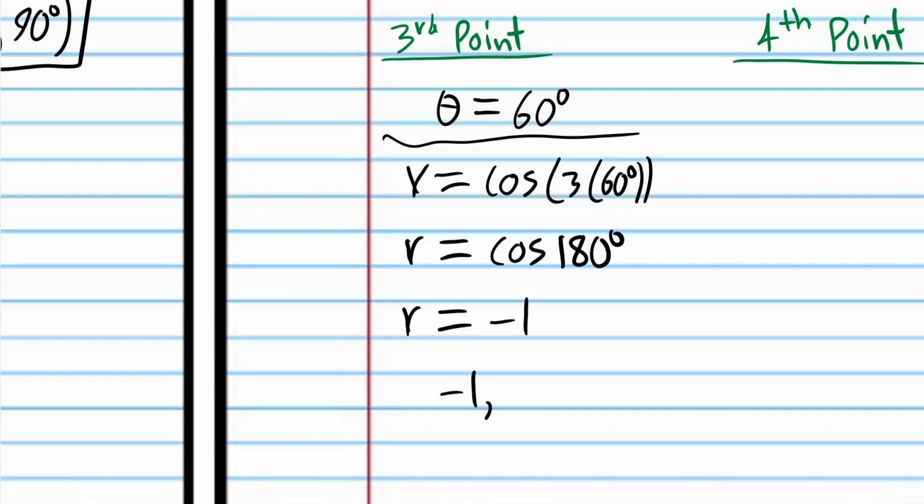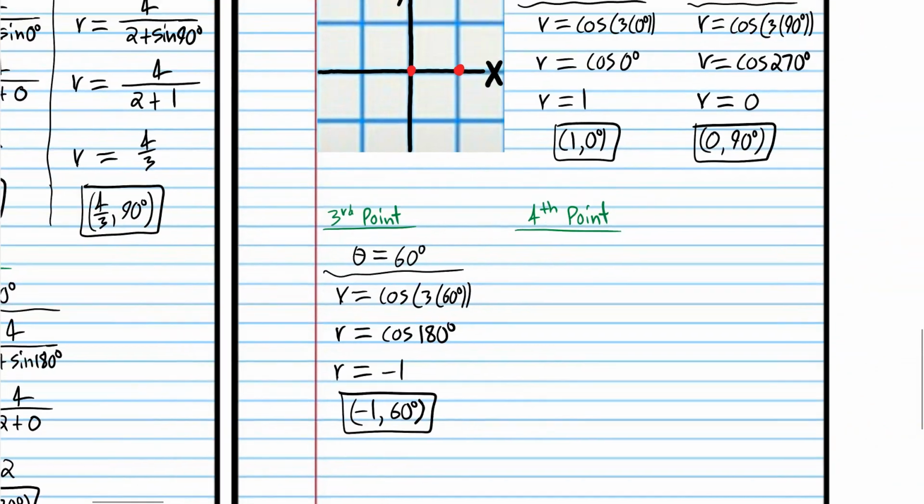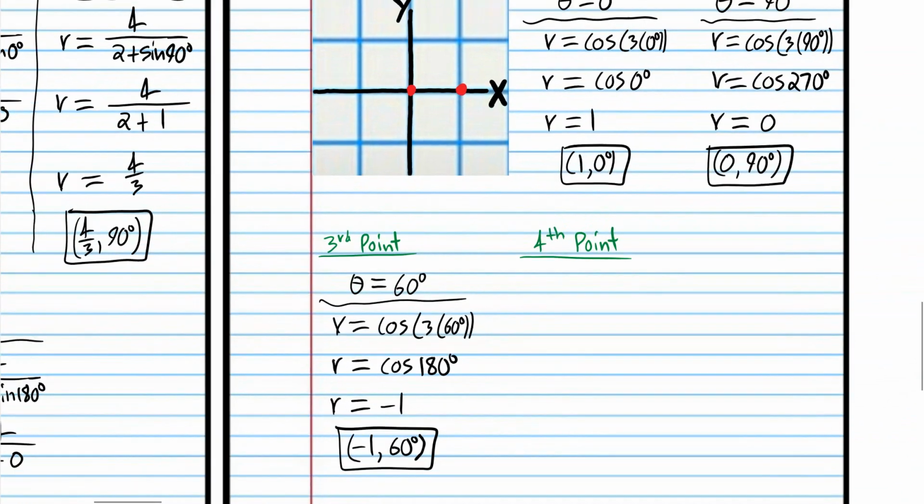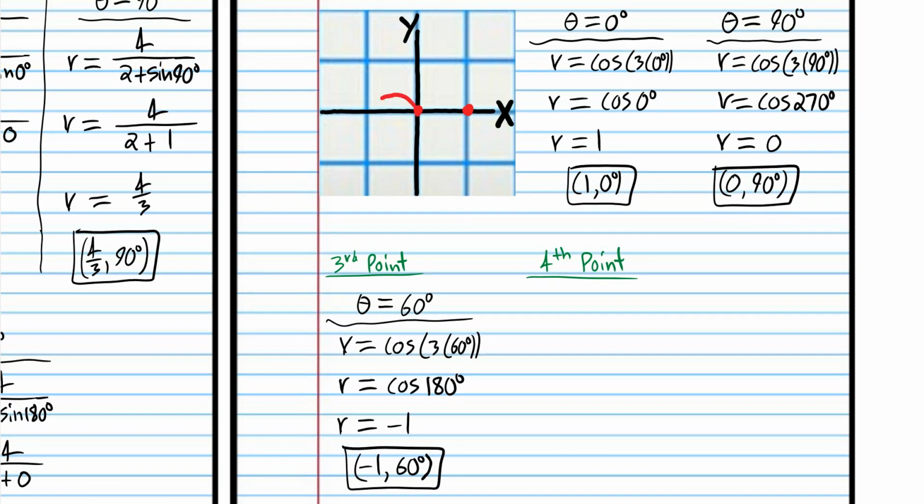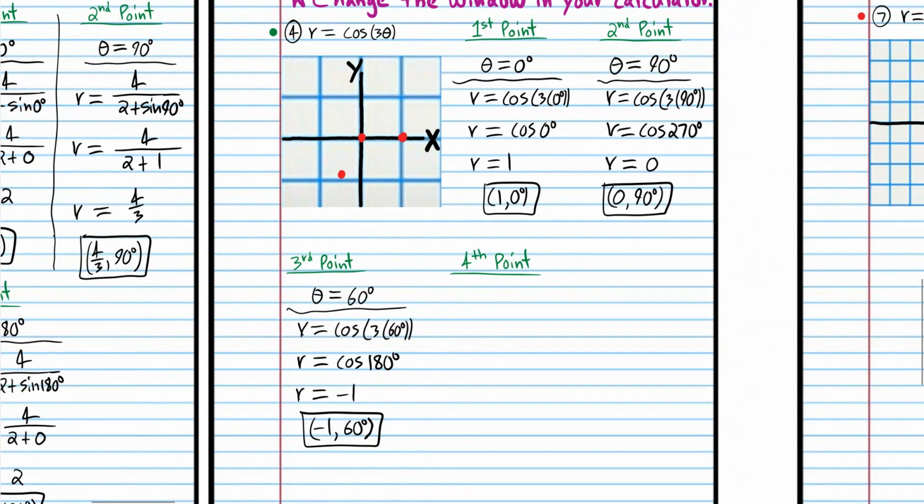So our point is -1, 60 degrees. So that's definitely a different point. You have to choose 4 different points. So we're going to count out -1 and then rotate 60 degrees in the counterclockwise direction, and that will get us to about there. Again, your points don't have to be perfect.